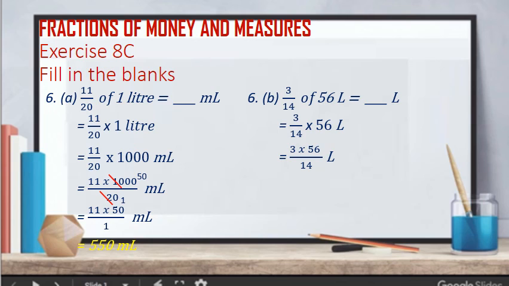Now children, we can divide 56 in the numerator and 14 in the denominator by common number 14. So 56 divided by 14 gives 4 and 14 divided by 14 gives 1. So now what is left? 3 multiplied by 4 upon 1, which in turn is equal to 12 liters. So this is our answer. 3 by 14 of 56 liters is equal to 12 liters.